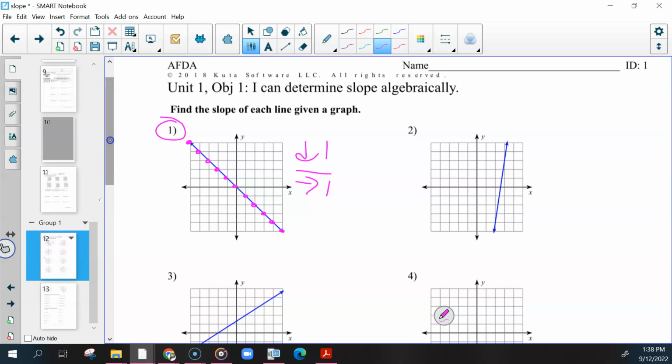You're close. The down would make this a negative. So it would be negative. Questions about that one?